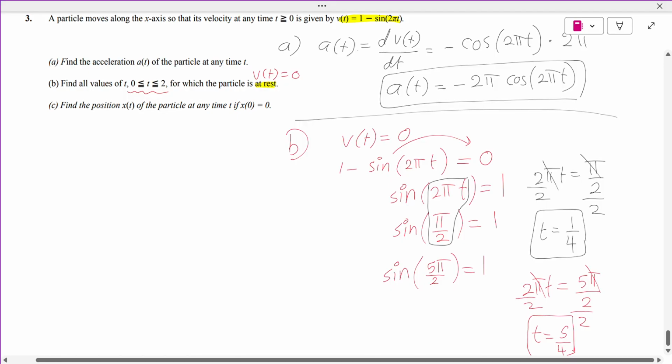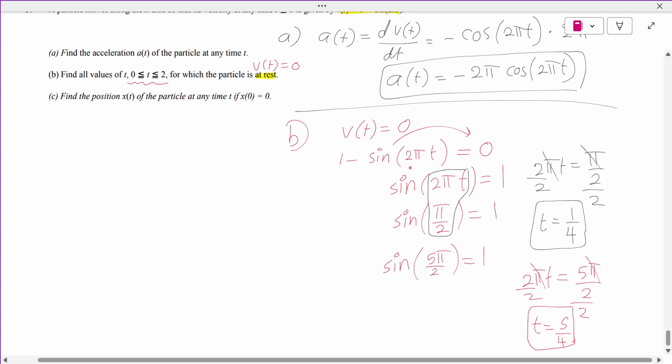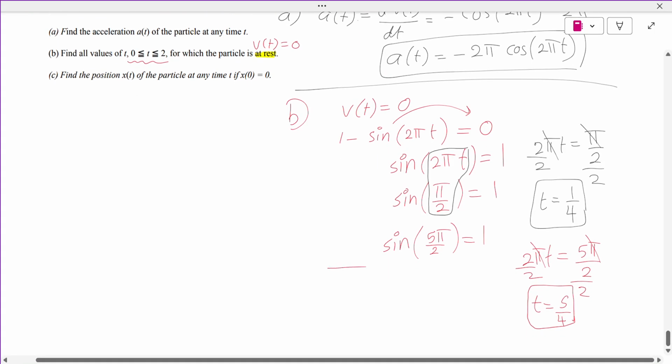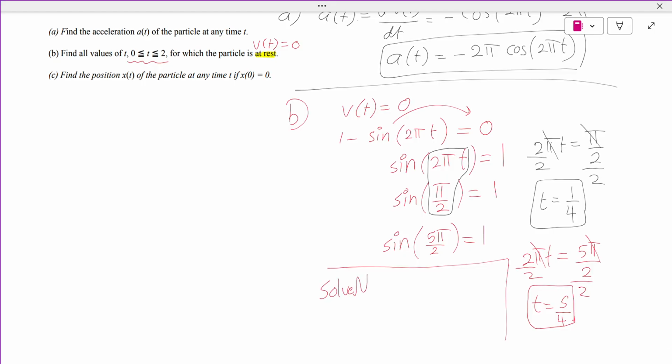But you can here directly say what? Let me show you. As we did in one of the previous questions, we said solve, we open a bracket, we write v of t, which is 1 minus sine of 2 pi x, instead of t, use x. Set it equal to 0, comma, your variable is x. It goes from 0 to 2, close the bracket.